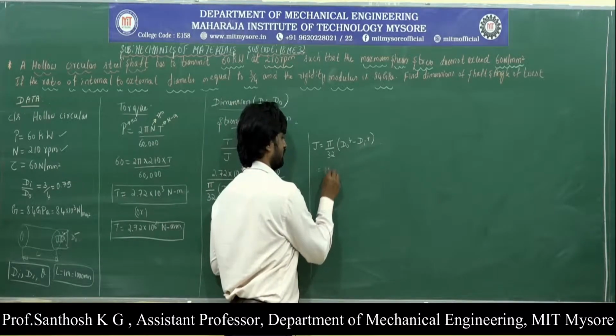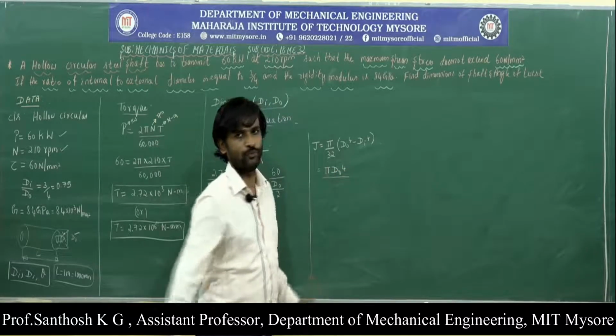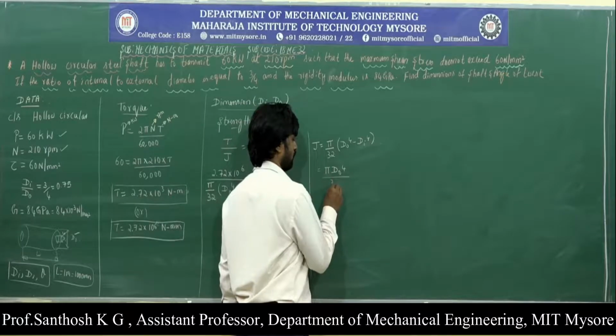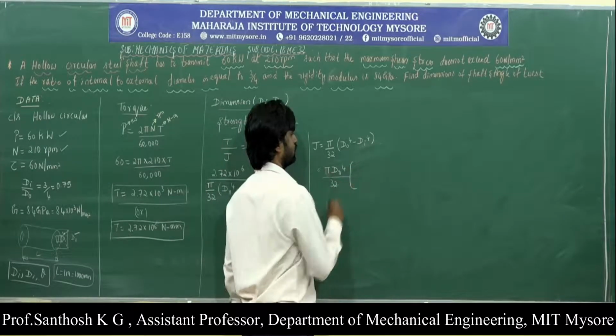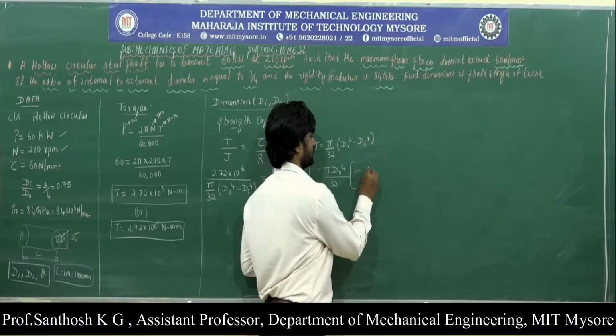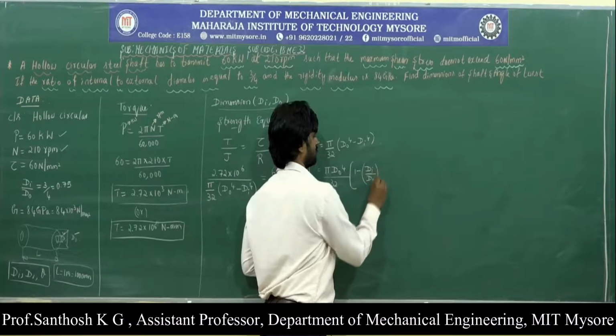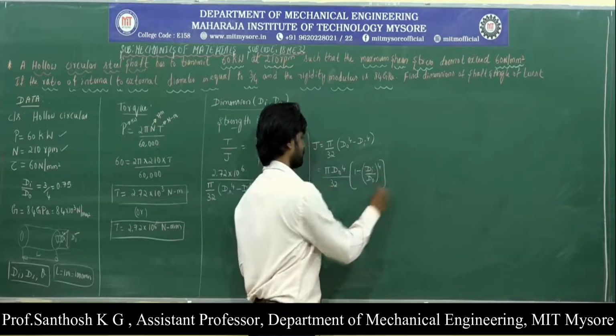So I will get pi into d naught to the power of 4 divided by 32, and inside the bracket I will have 1 minus di divided by d naught to the power of 4.